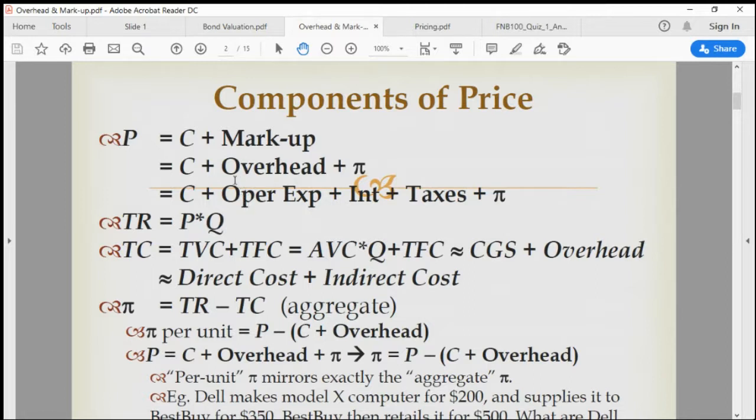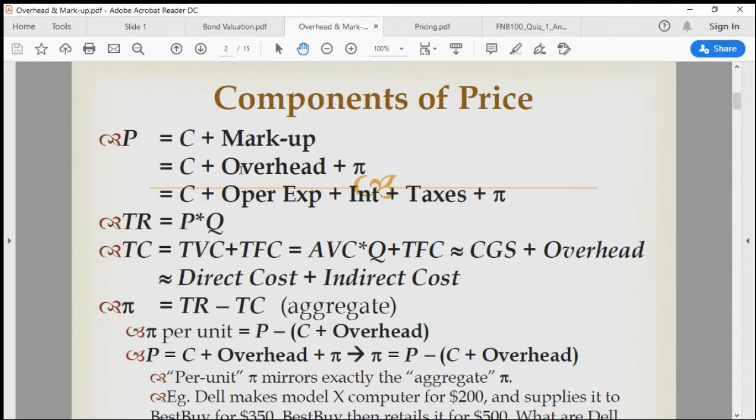Now, markup breaks down into overhead and profit. Then what is overhead? Overhead includes OPEX, so that's the indirect cost. Remember, this is the direct cost and this is the indirect cost. Overhead breaks down into operating expenses, interest expense, and taxes.